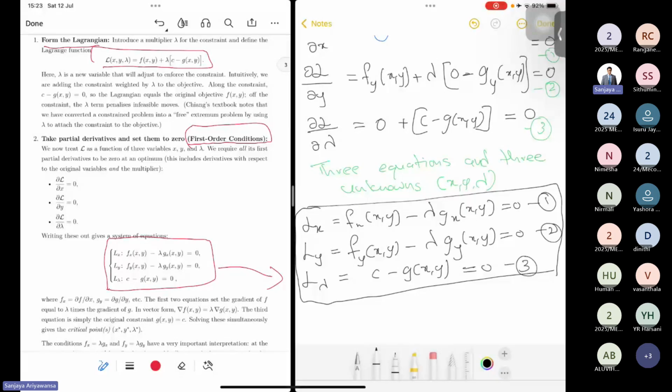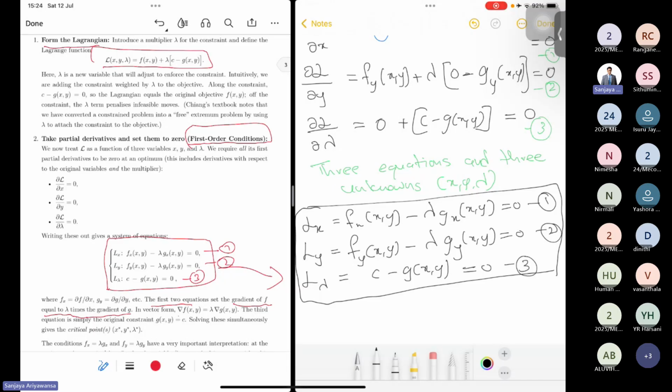So what you're seeing here, I've said here, the first two equations, this one and this one, set the gradient of f equal to lambda times the gradient of g. What do I mean by gradient? Gradient here is basically partially differentiating the functions f and g.